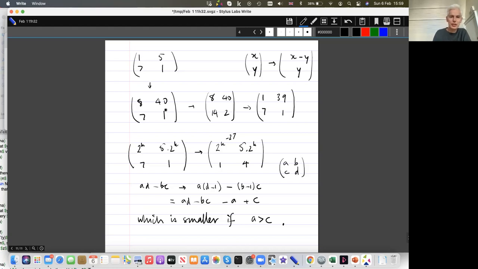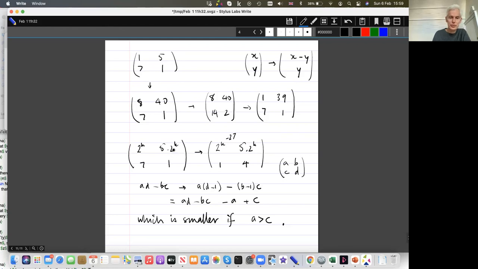What if I multiply the 1 and 5 by something really large, and then try and do it by a combination of subtracting 1, so I get to this stage here, 2 to the k, 5 times 2 to the k.